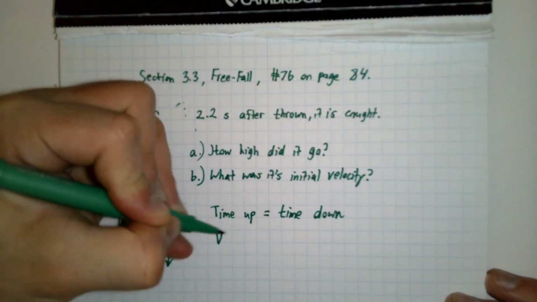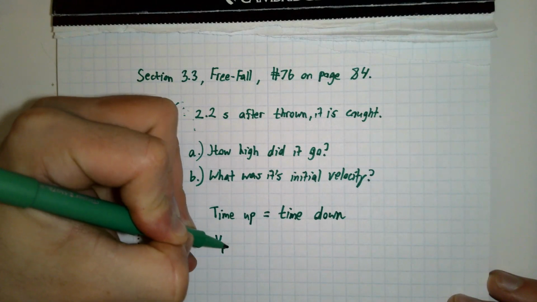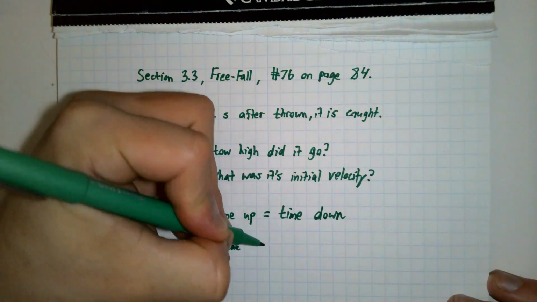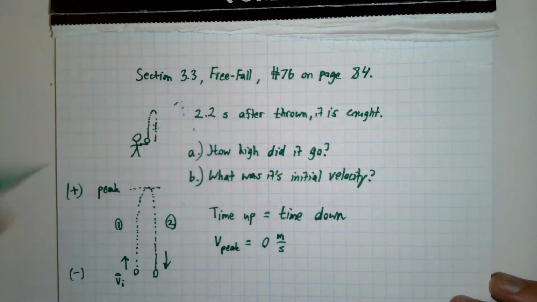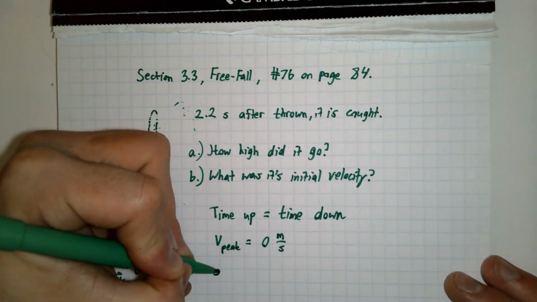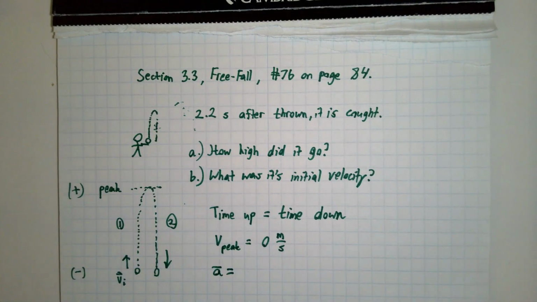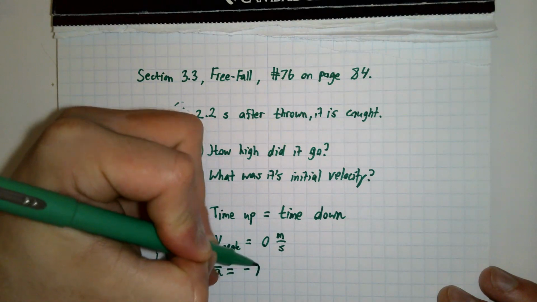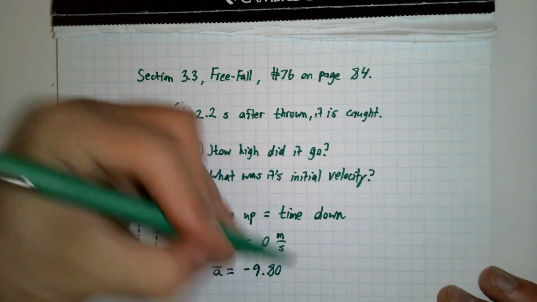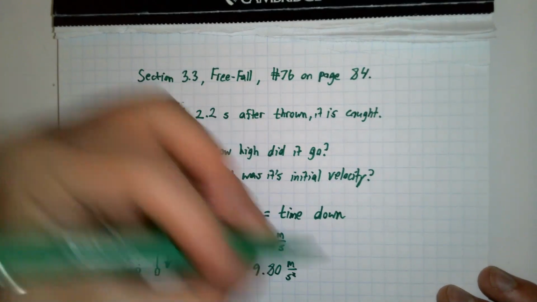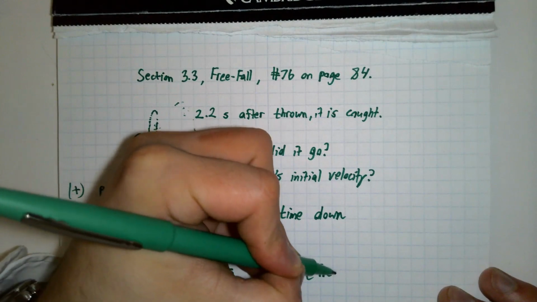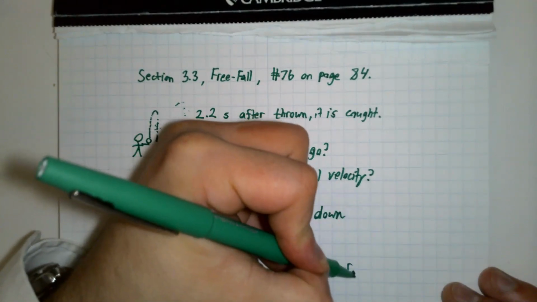We also know that the velocity at its peak is 0 meters per second. We also know that our average acceleration for both of these stages the entire time is negative 9.80 meters per second squared. That's our free fall acceleration due to the force of gravity on our object.